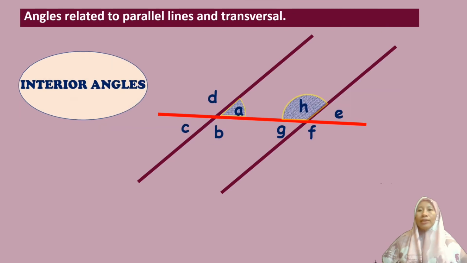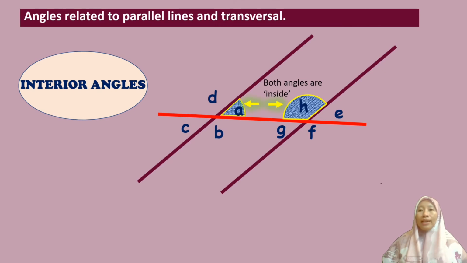Now let's look at what interior angles are. Can you see that? Angle A here, and angle H. Now these two angles are considered interior angles. Since both of the angles are inside, we call these interior angles.